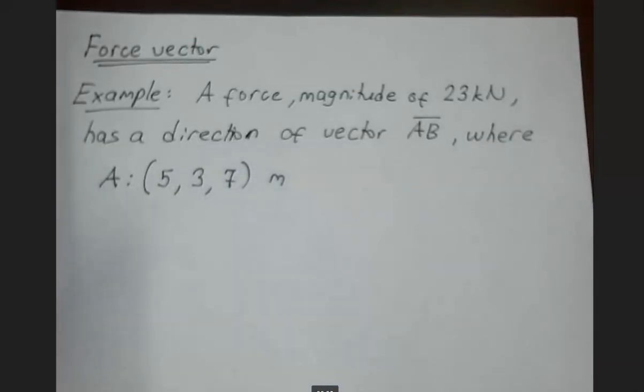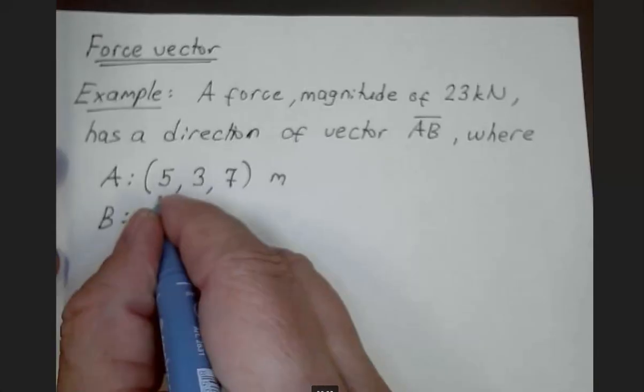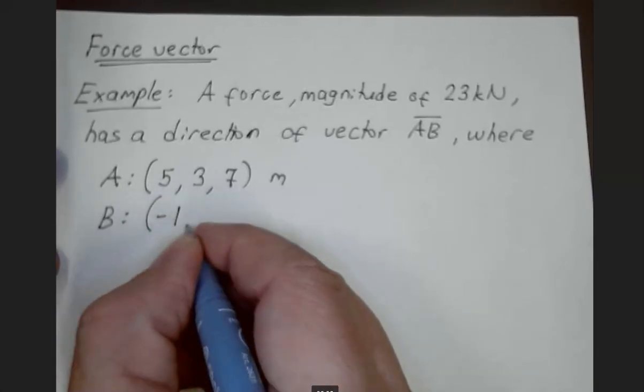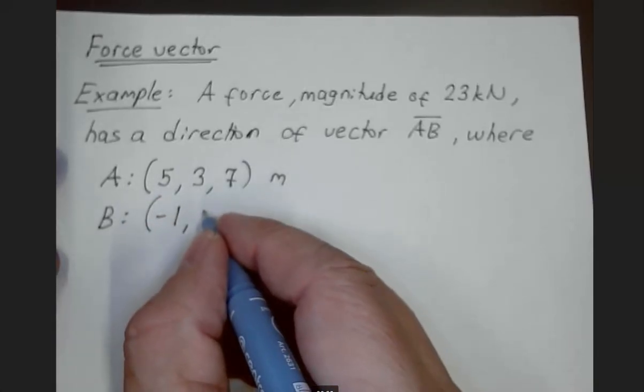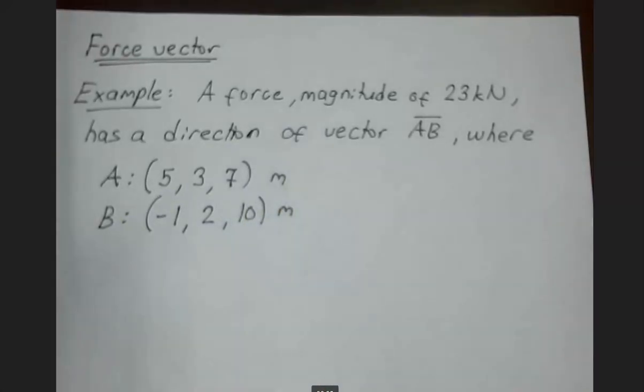The unit of these coordinates is meters, and B has coordinates -1, 2, and let's say take 10. For example, this kind of situation.